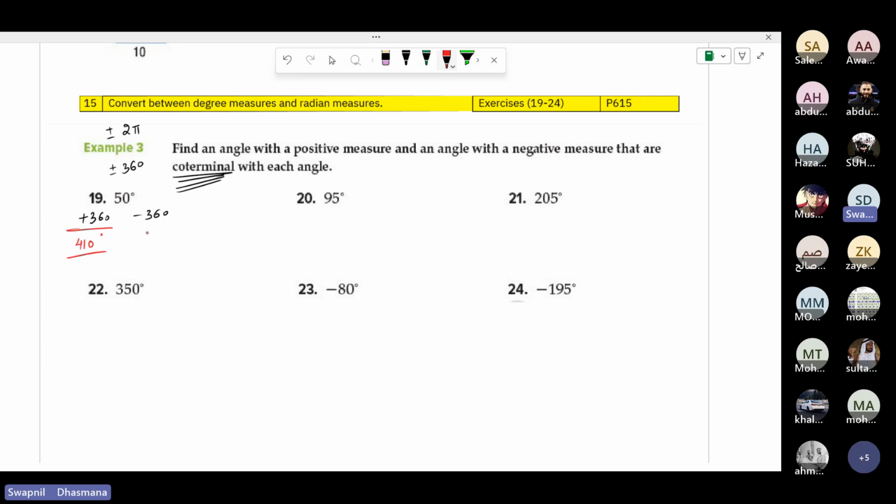When you do minus, you will get minus 310. So these are co-terminal, like co-pilot. This is 50, 410 or minus 310. This one will be clockwise. So 310 means same terminal side.